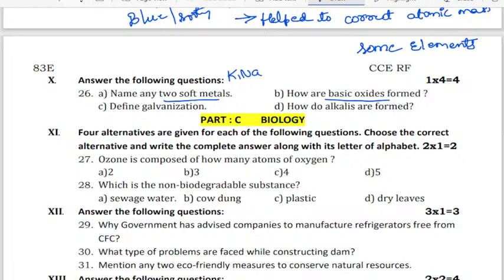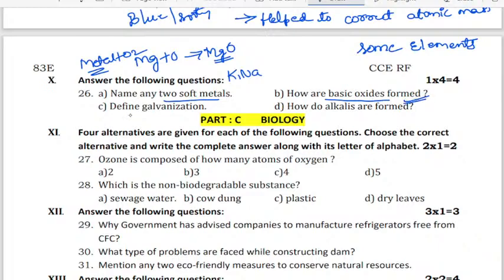Whenever metals react with oxygen, for example magnesium combines with oxygen, it forms magnesium oxide. Magnesium oxide is a basic oxide. Basically, when a metal reacts with oxygen, it forms a basic oxide. That is what you have to write.